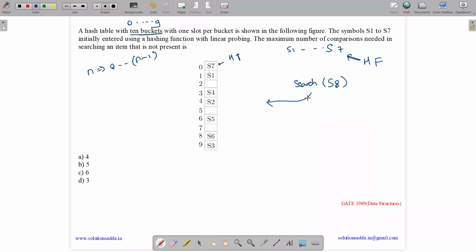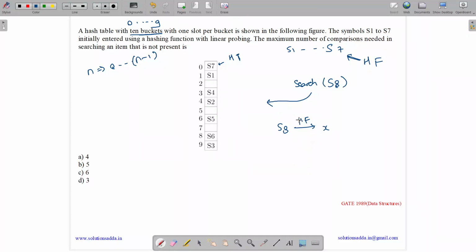So linear probing is this: suppose we get the key S8, we apply the hash function on this and we get some output, let us suppose X. X is the slot where this item should come.